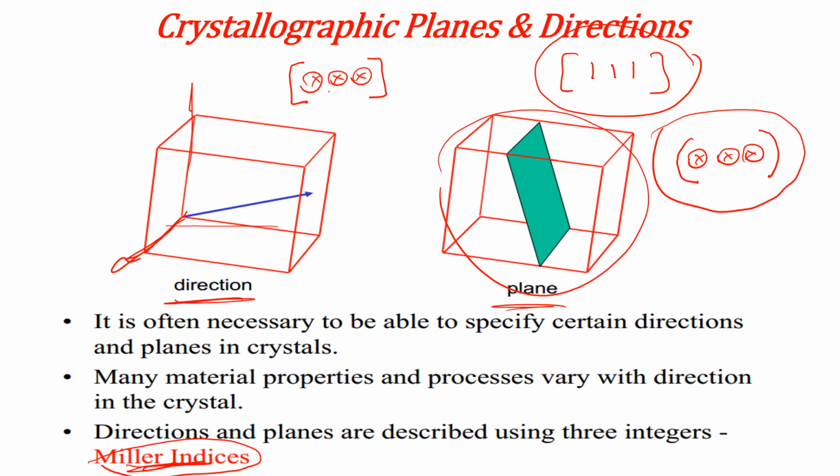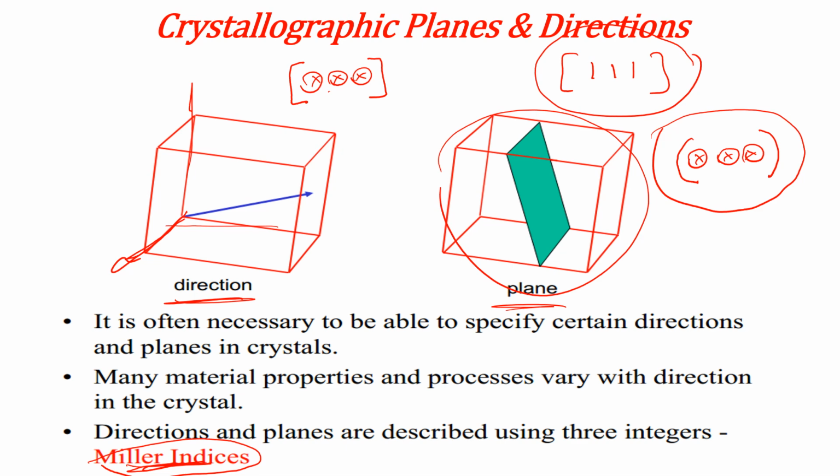Are we good? Is this notation important, that a direction is written in square brackets and the plane in parentheses, the normal brackets? This is a must, yes.